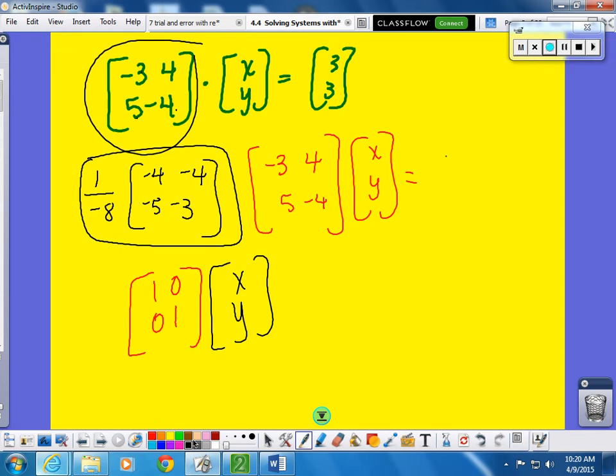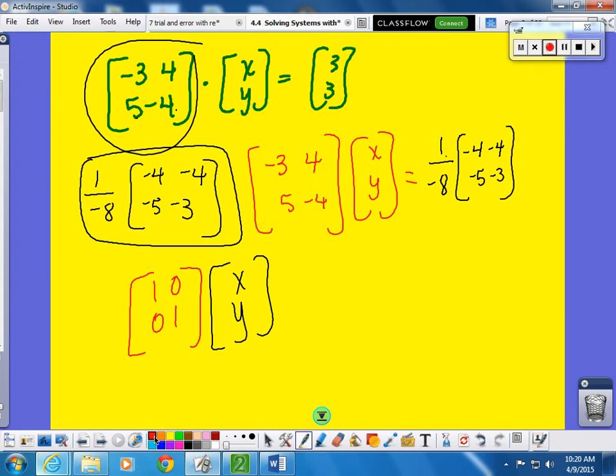Now, what I do to one side of the equation, what did we learn early on? What I do to one side, gotta do the other side. But I've got to be really extra careful with matrices because it's not commutative. So I've got to squeeze in this 1 over my determinant. I've got to do all this inverse stuff right here on the left, just like I did on the other side of the equation.